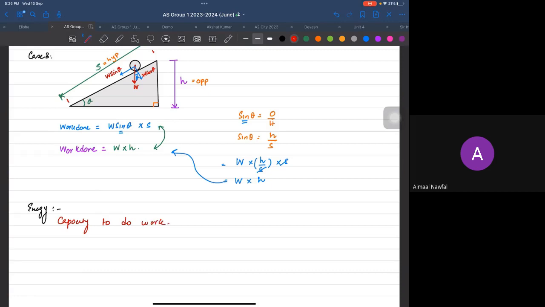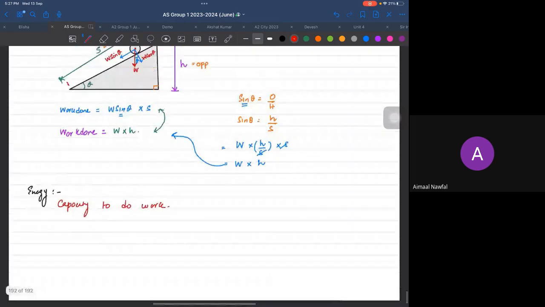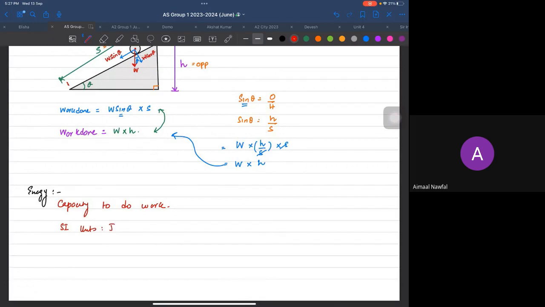If you do not have energy, obviously you cannot do work. So then the SI unit of energy is the joule, and obviously these are scalar quantities. Understood?